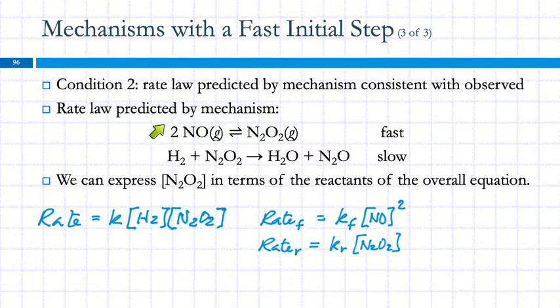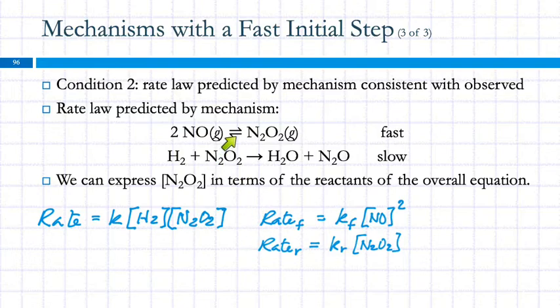So rate law for forward reaction, rate law for the reverse reaction. Are you with me? This means yes. This means no. Could you say that again? I don't see any shaking heads. A lot of still heads.